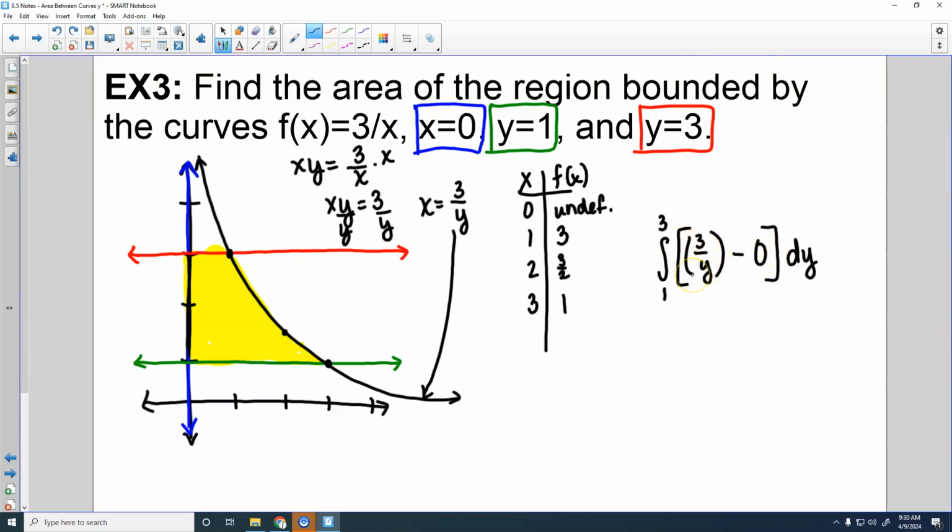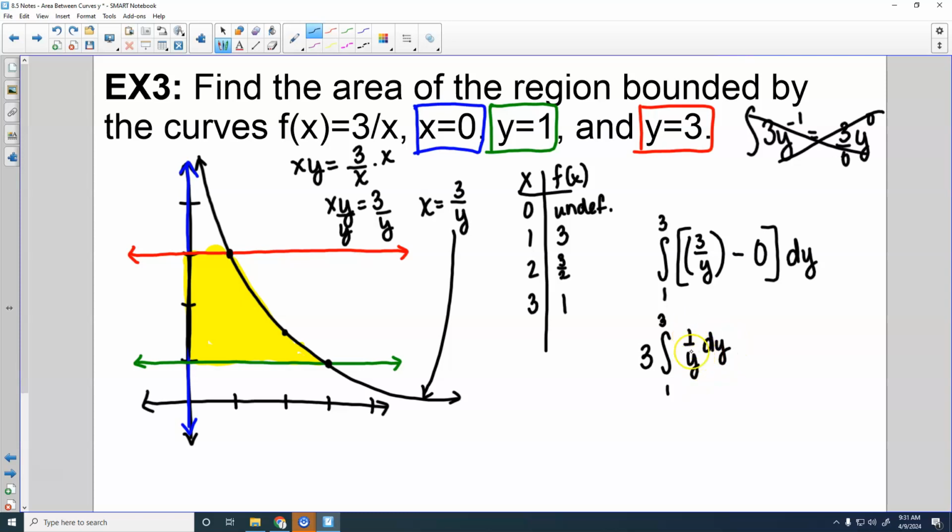How do we integrate 3 over y? If I make a y to the negative 1, and I try to integrate that, the 3 is just a coefficient, but I'll do y to the 0 power, and then I got to do 3 divided by 0. But can I divide by 0? No. This should remind us that this one is something special, and it is natural log. The 3, you can even pull the 3 out as a coefficient if you want, and just make this 1 over y dy, like that.